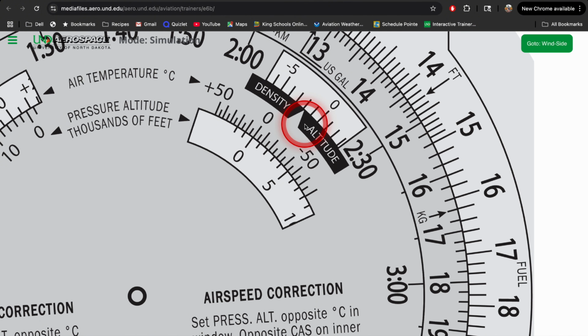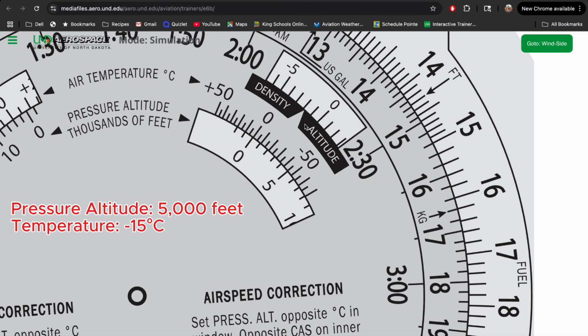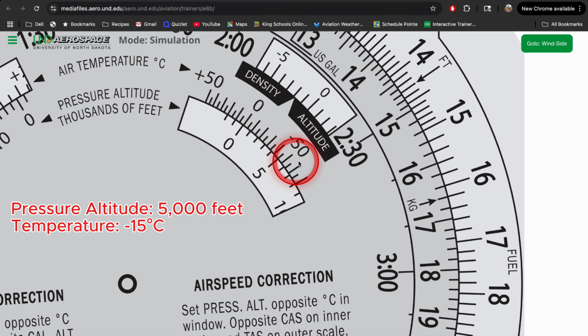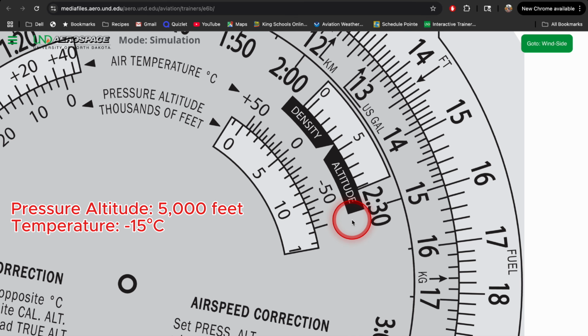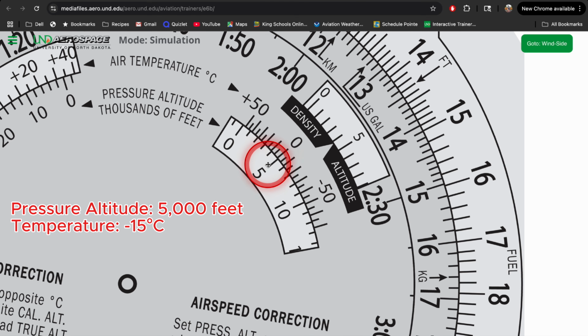What we want to do is align the pressure altitude with the temperature provided. Pressure altitude was 5,000 feet, and the temperature was negative 15 degrees Celsius. So this 5 is 5,000 feet. I'm just going to move the scale to put 0 right here. It's a little bit counterintuitive because your temperature is positive to the left.